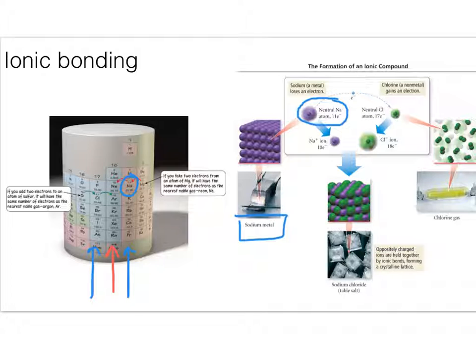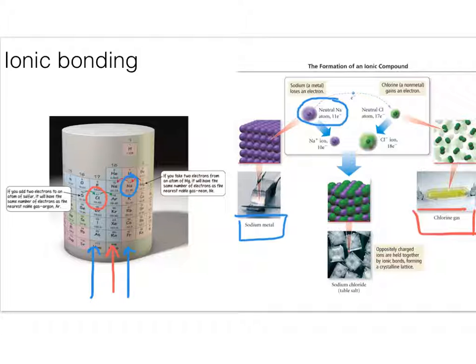Conversely, we have chlorine gas. Chlorine sits right here on the periodic table, and in its neutral state it has 17 electrons. It would love to have 18 electrons, just like argon, its adjacent neighbor.